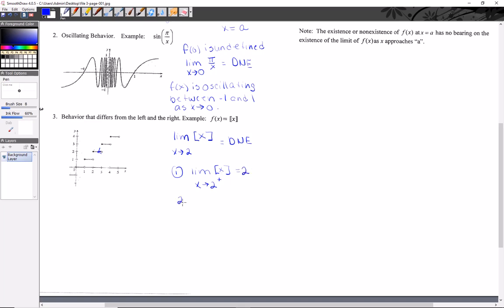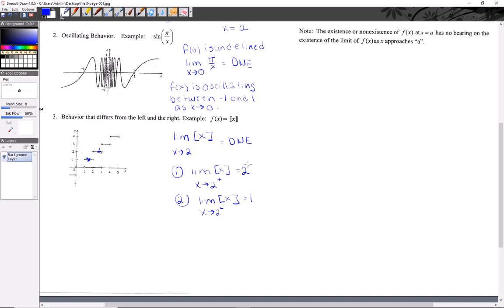However, if we look at the limit of this greatest integer function as x approaches 2 from the left, and that would be here, we're looking at an output of 1.